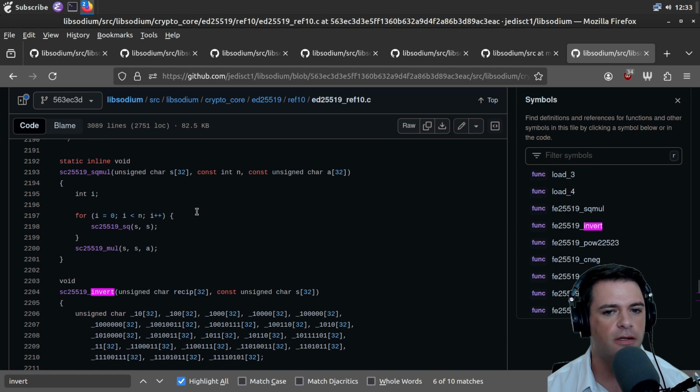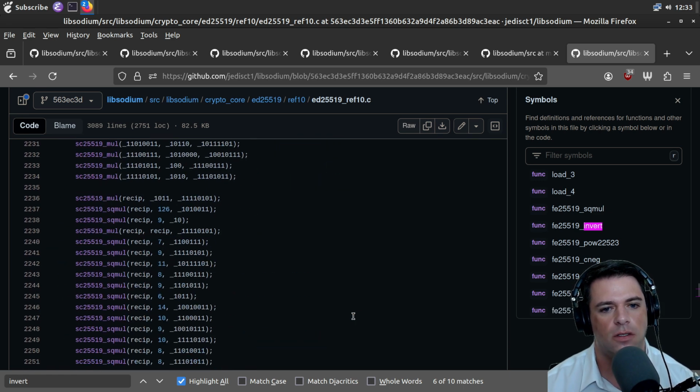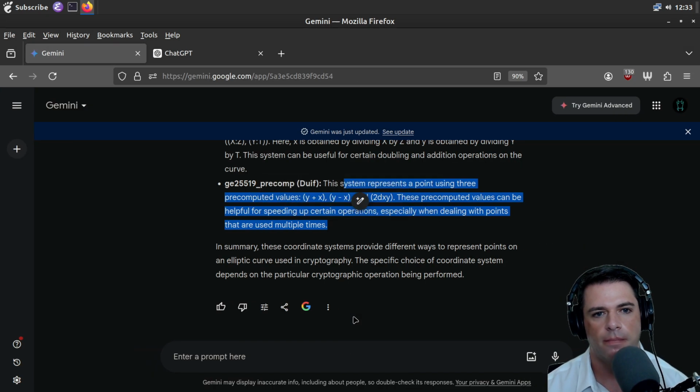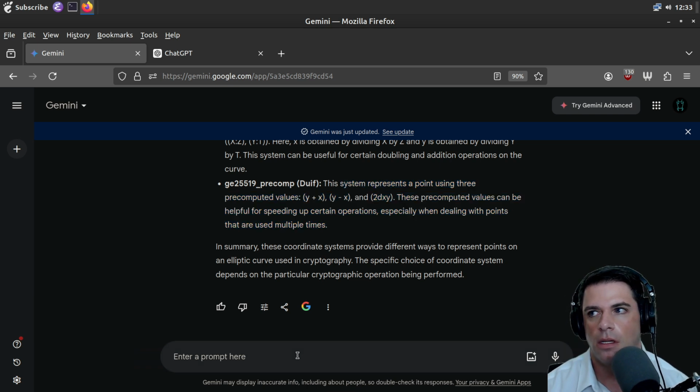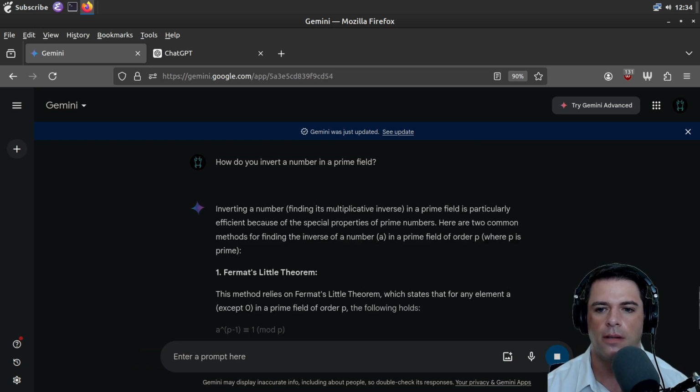You need to find the number that you multiply by to get something that's 1 mod the big number. I guess you're going to have to do a GCD calculation, right? So how do you invert a number in a prime field? It's particularly efficient because of special properties of certain prime numbers.